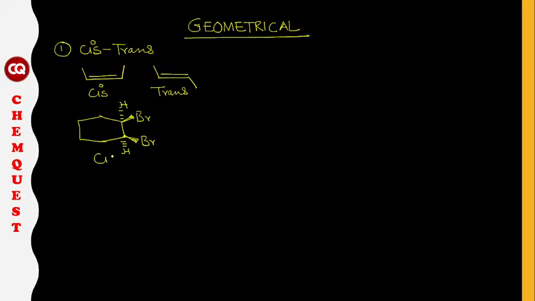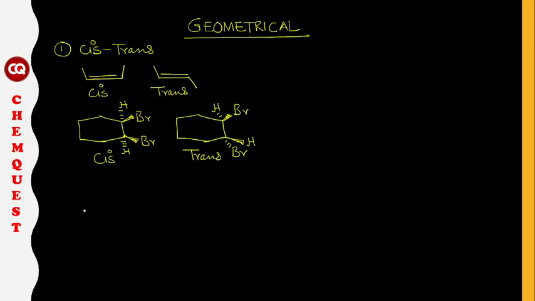It is cis. And 1 bromine above and another bromine below, 1 bromine above, hydrogen below, and in the other case hydrogen is above and bromine is below the plane. It is known as trans isomer.